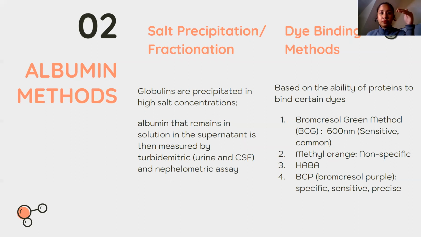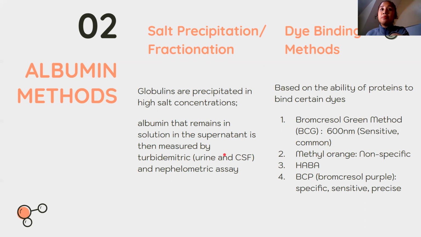So albumin is quantitated via turbidimetric or nephelometric assay. Napag-usapan na natin kung paano mag-measure ng concentration ng nephelometric. Diba nephelometric, if you remember, it's how much light is scattered.